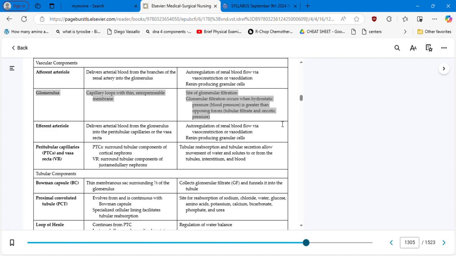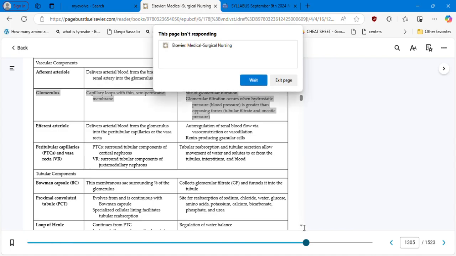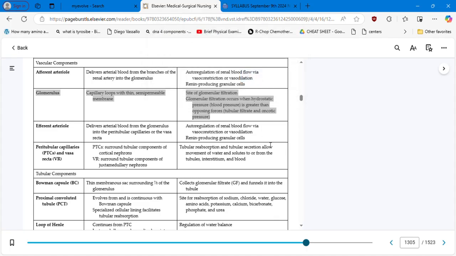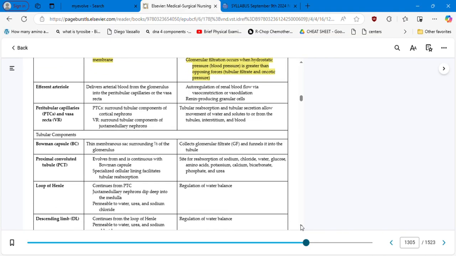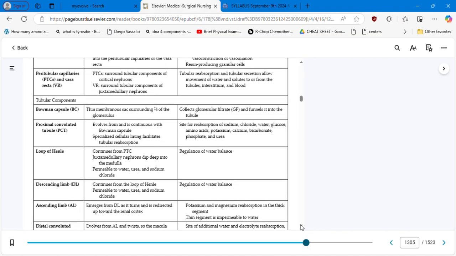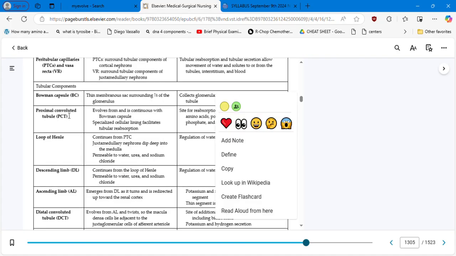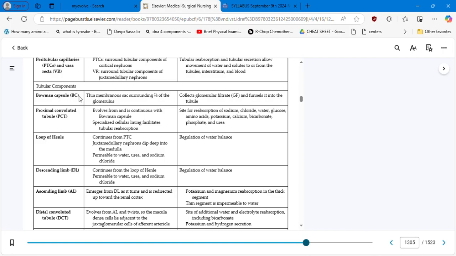Also, I want you to remember the loop of Henle, okay? It's important for the regulation of water balance. We don't need to know all of these in particular, but for example, the glomerulus is the vascular component, and then you have the tubular components. From the tubular components, I want you to remember the Bowman capsule. This one is very important, okay?